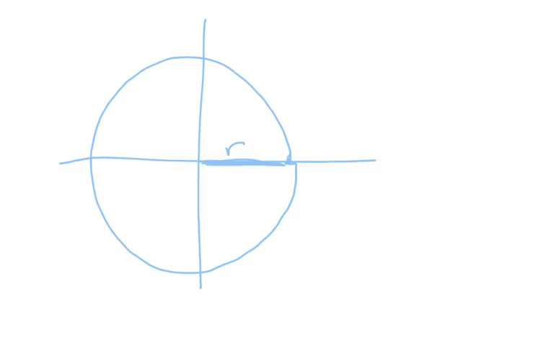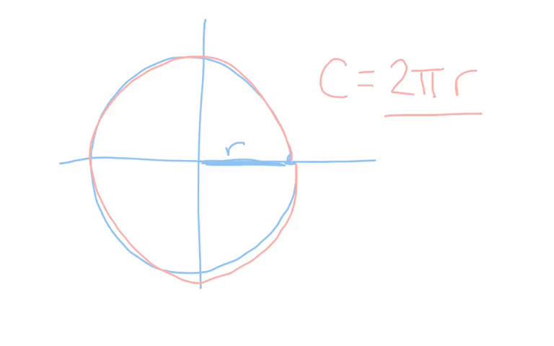If you think about the angle measure for an entire circle, the angle measure will be the arc length, which in this case is simply the circumference, and the circumference of a circle is 2 pi r, divided by the radius, which is r.